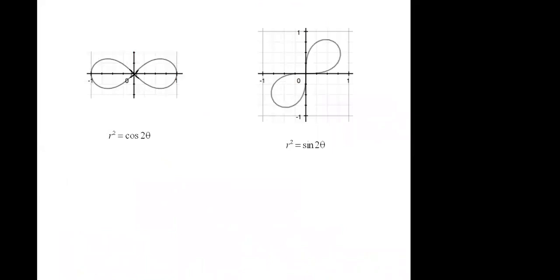We also have an extra, I will not go step by step, but you may just remember these formulas. We have r squared equals cosine of 2 theta, and r squared equals sine of 2 theta. That means if we have a square, if I solve this for r, I only want this part to be positive.